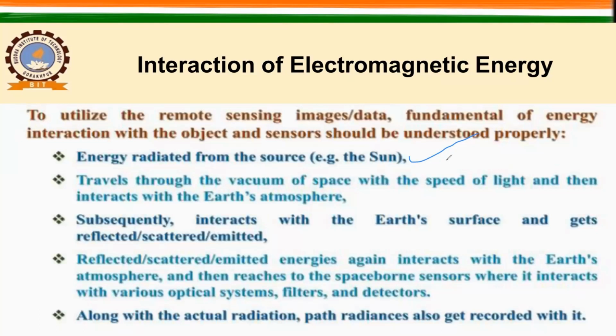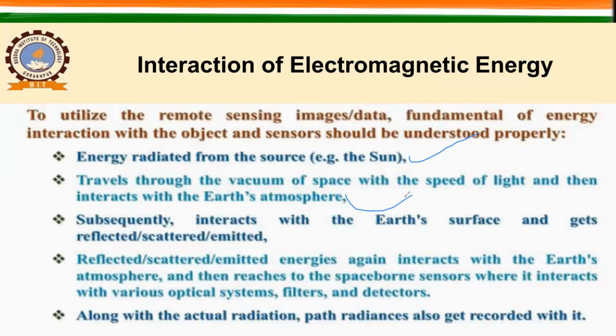If we start from the beginning, in this case we are always referring to passive remote sensing. So the sun is our source, which travels through the vacuum of space with the speed of light, and then interacts with the Earth's atmosphere.